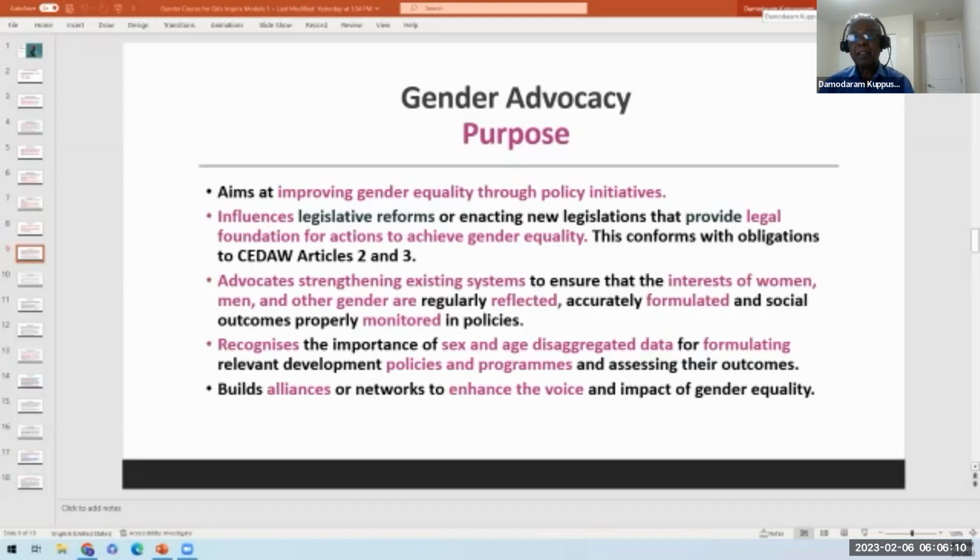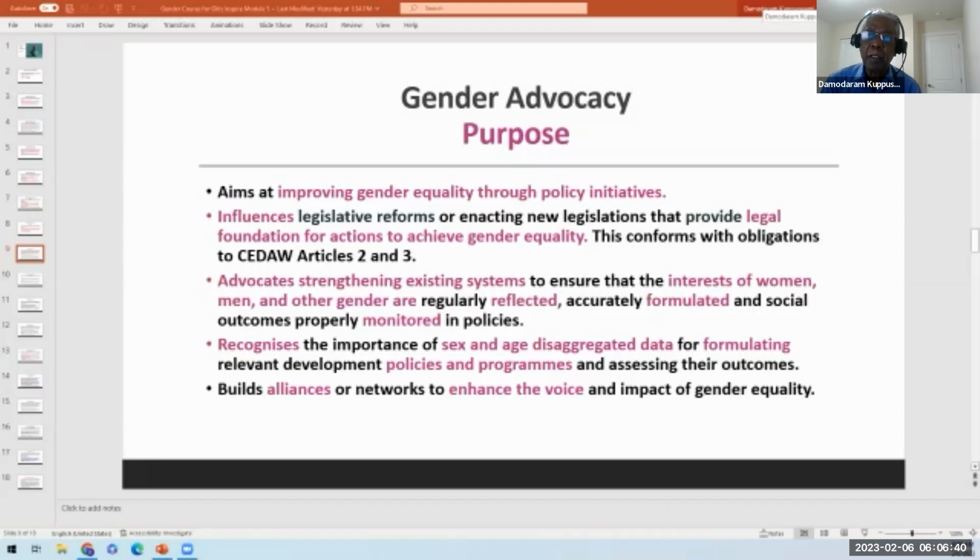Other gender refers to the many other identities that are there. It could be transgender, it could be lesbian. I did not want to name everyone, but other gender identities exist. One of the arguments we get is whether it is only a binary.